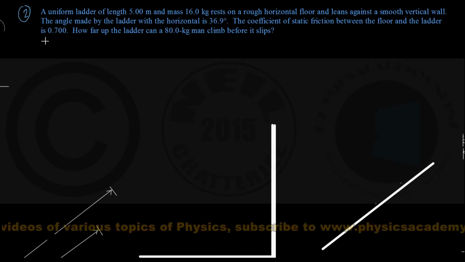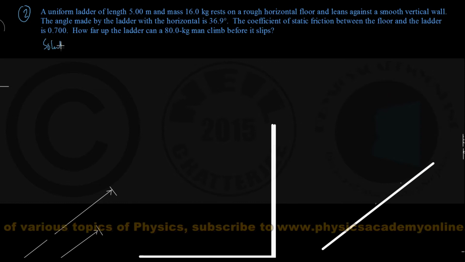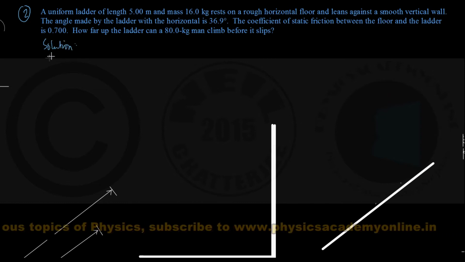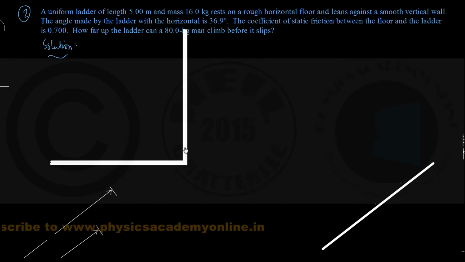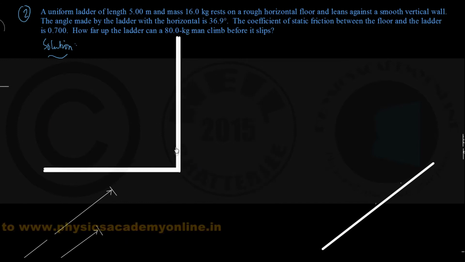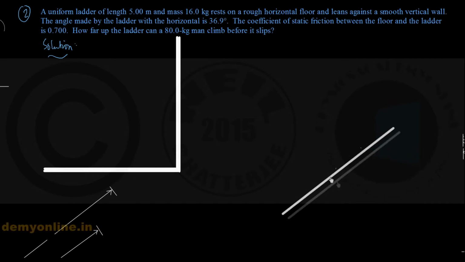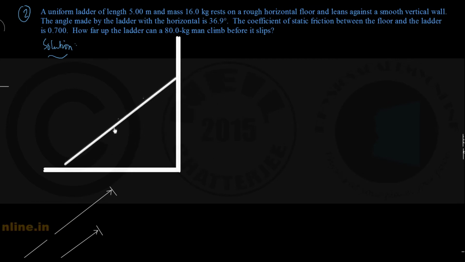So you can understand by reading the question, sometime during the problem we have to introduce the force of limiting friction acting on this ladder plus man system. So here is this construction of the figure, a vertical smooth wall and a horizontal rough floor, and suppose the ladder is placed on this rough floor leaning against the wall as I am showing in my figure.